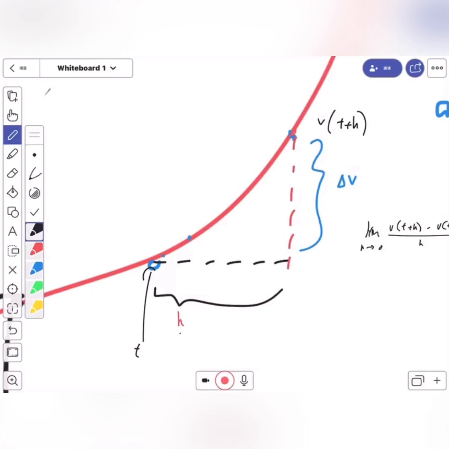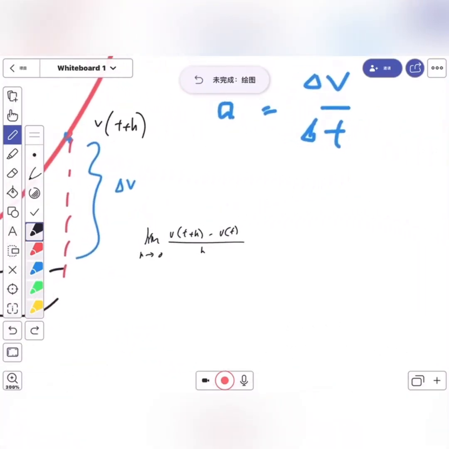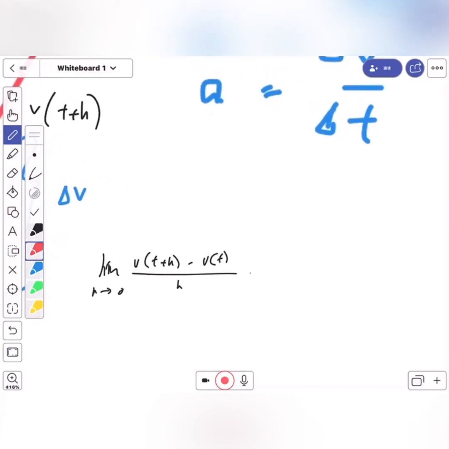The limit as h approaches 0 means we keep moving this point closer and closer to t until it is 0 away from the point we're targeting. This is the expression of acceleration. In terms of derivatives, we can express this as dv over dt.